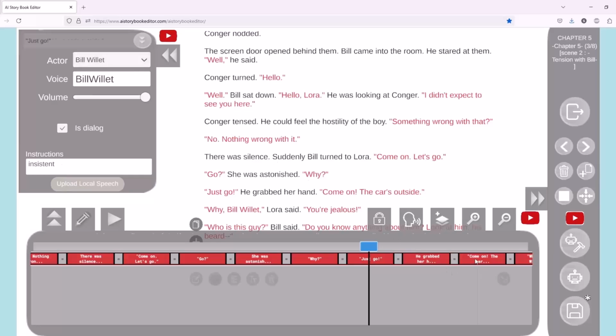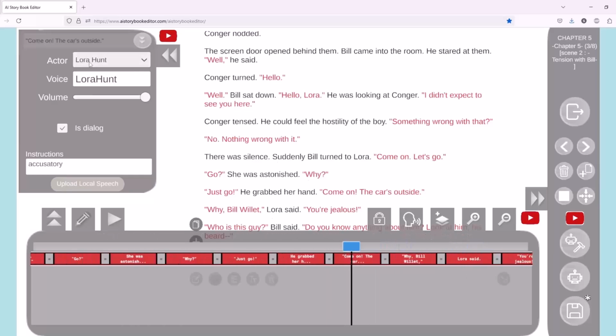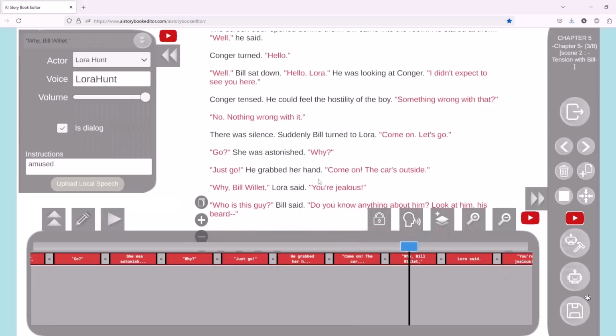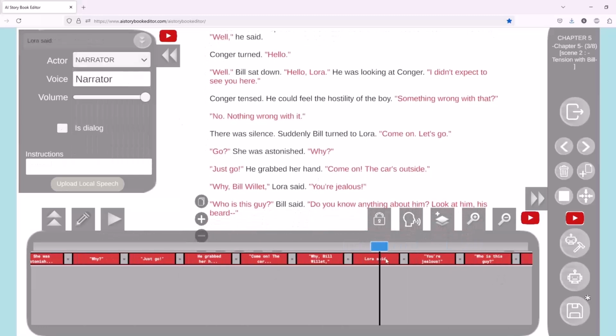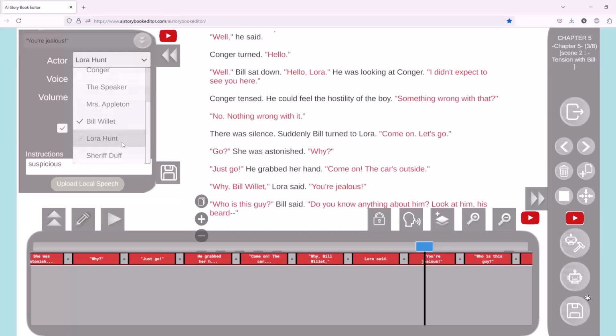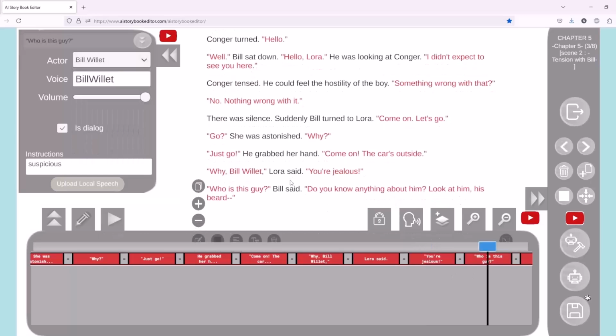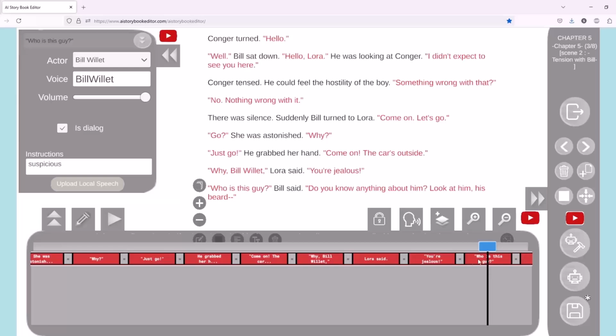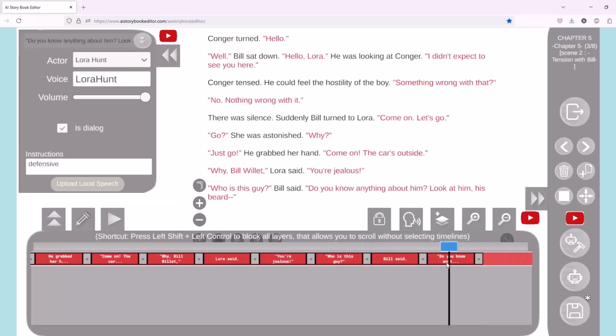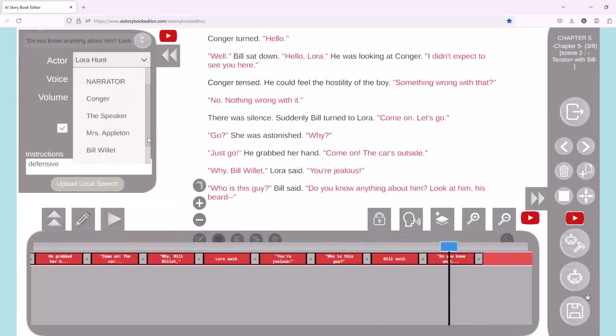Bill and Bill. Laura and Laura. Bill and Bill.